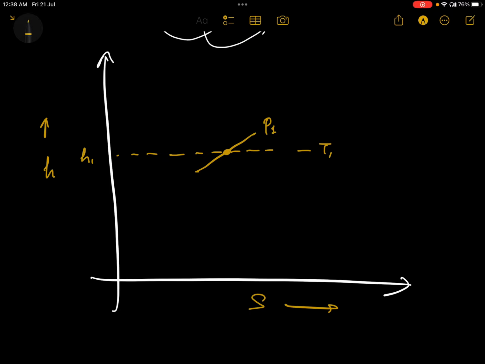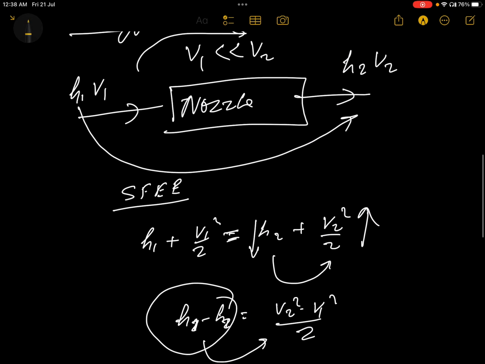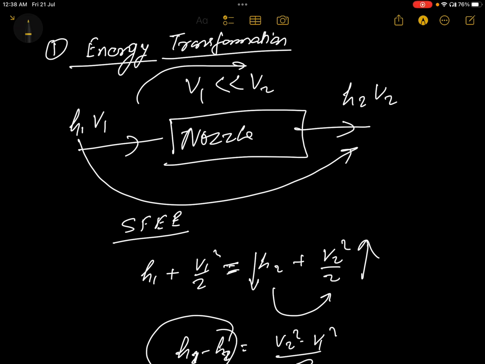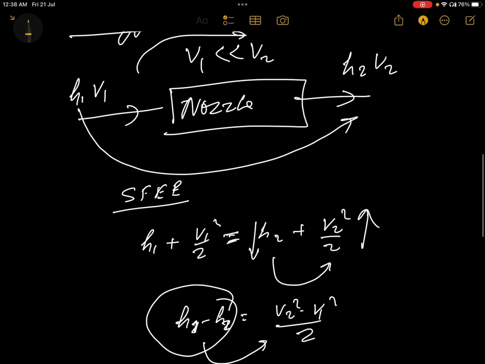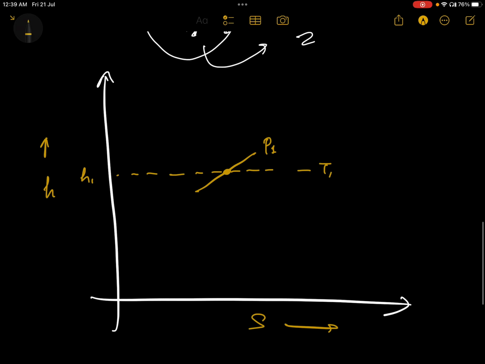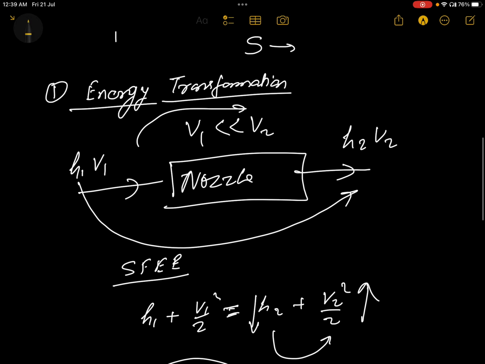Now, for this nozzle case, we'll try to understand in terms of graphical representation how the energy is transforming. This is the first state and this is the second.